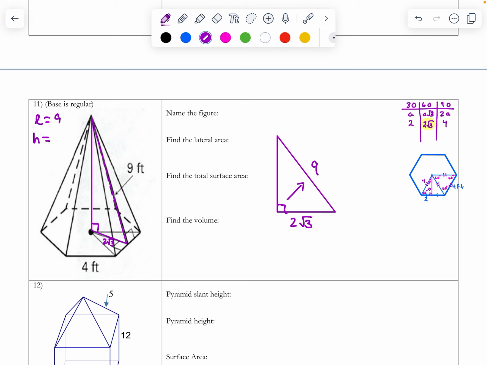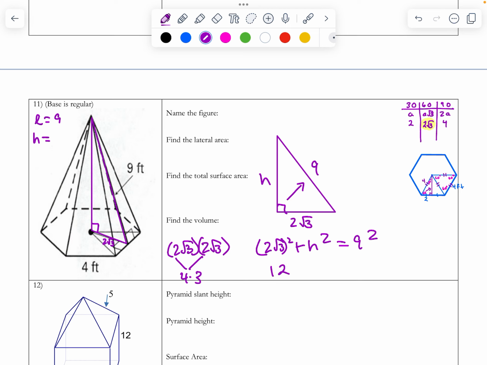So here, what I would do is I would just say 2 root 3 squared plus height squared, that's the height we're trying to find, equals 9 squared. So remember that 2 root 3 squared is just 2 root 3 times 2 root 3. So this would give me 4, and then root 3 times root 3 is 3.